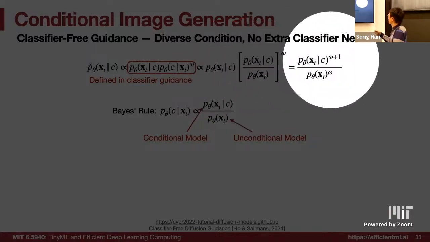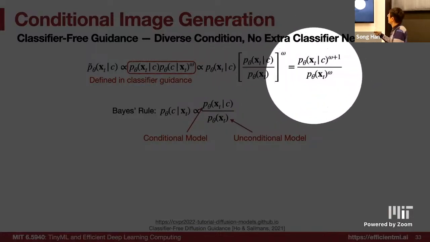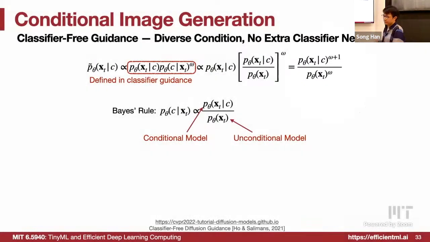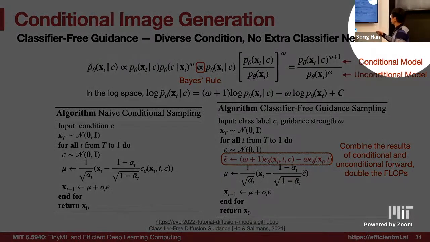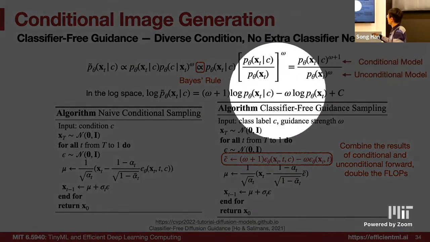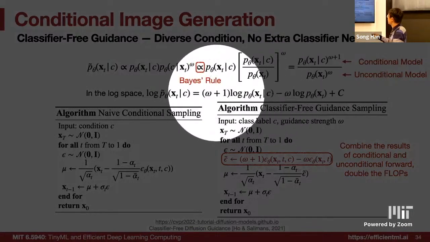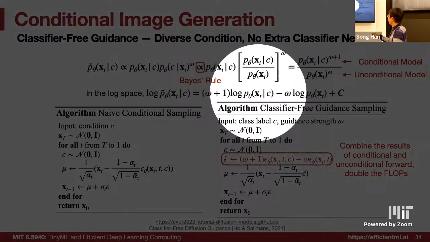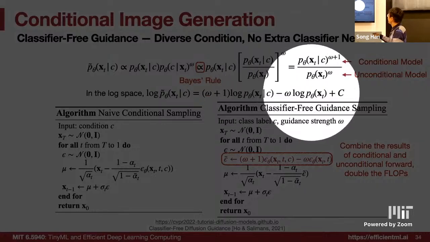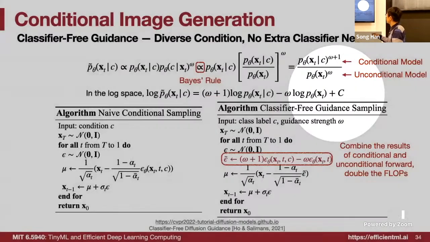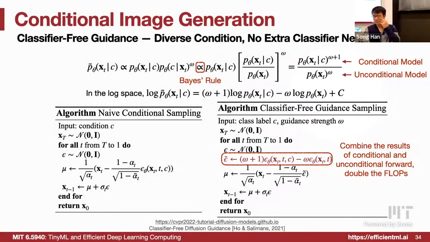The denominator, we just move to the right, to the power of omega. So in the log space, this division becomes a subtraction. So we have omega plus 1 times log p(xt given c) minus omega times log p(xt), plus this condition, plus c.